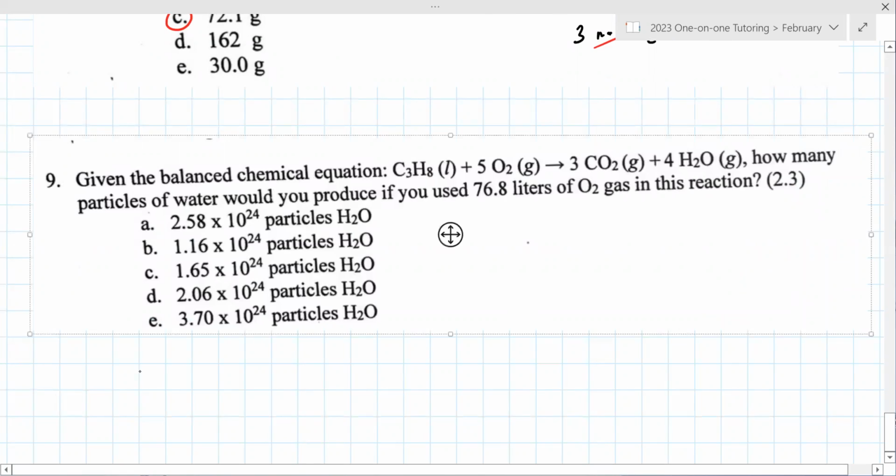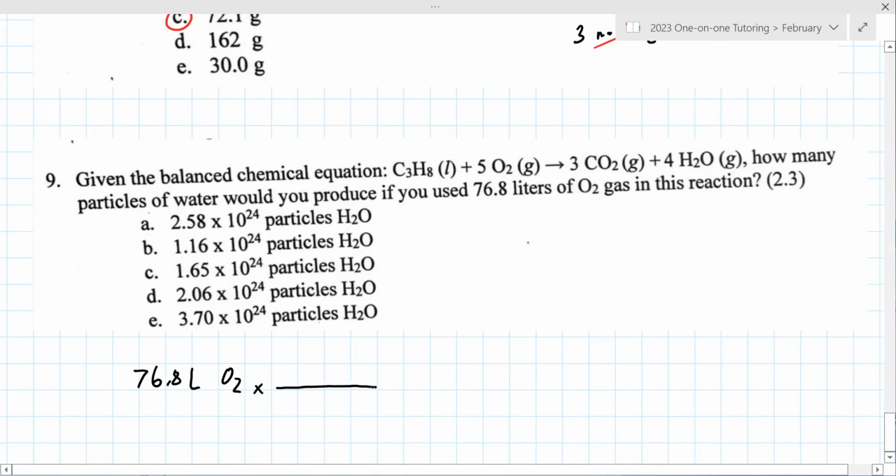So start with the given, 76.8 liters O2. Do you remember how to convert from liters to moles? No, this is the particle stuff that I didn't know how to read. So I know there's 22.4 liters of O2 and 1 mole of O2. You always go to moles. Let me draw a little picture here.